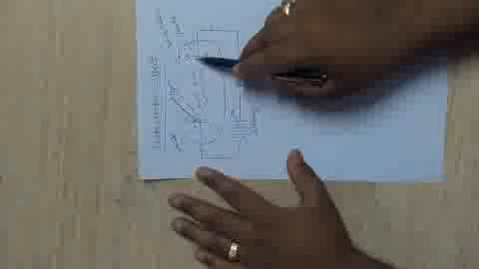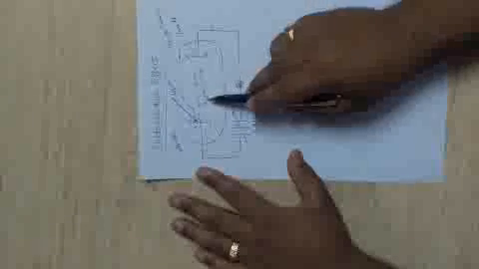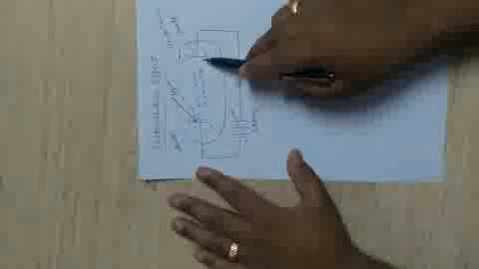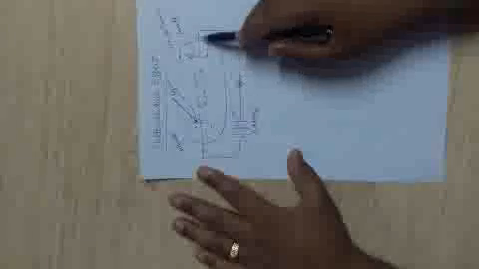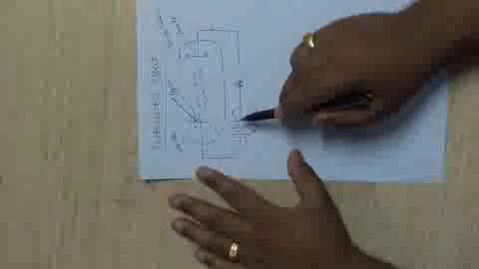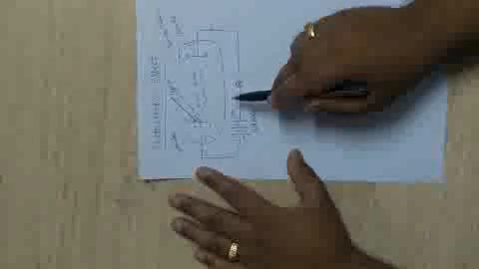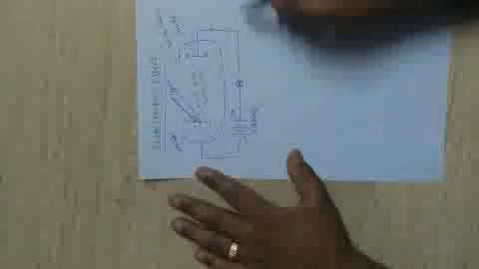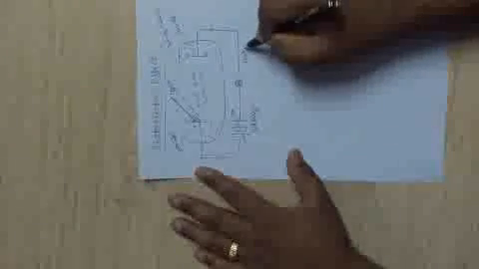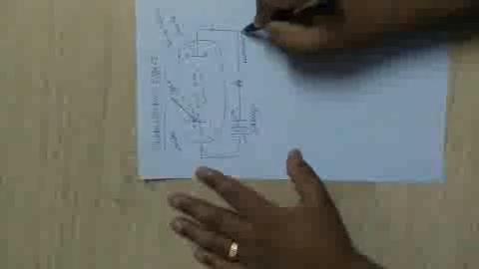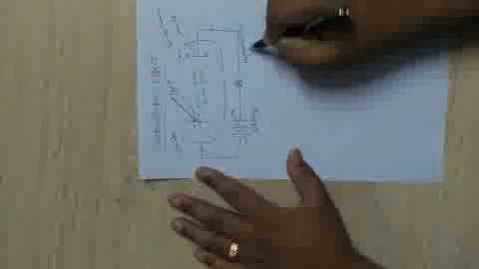Because of the positive potential of the anode, these electrons are getting accelerated towards the anode, and when they come into the circuit they constitute a current, and this current is called photoelectric current.